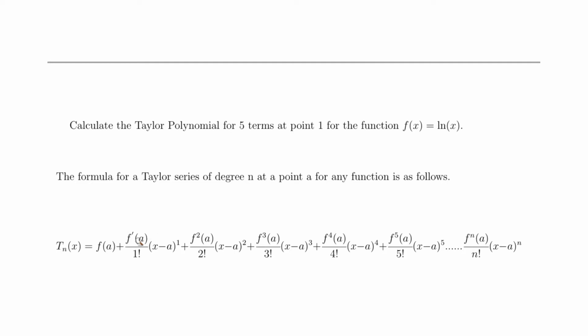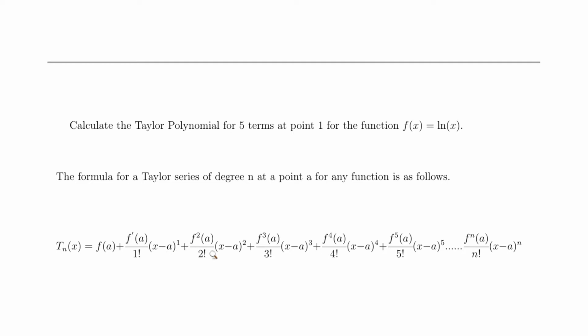And then we've got these calculations here. The first derivative at a, which is 1, so the first derivative calculated at point 1, divided by 1 factorial times x minus a, so x minus 1, to the power of 1.